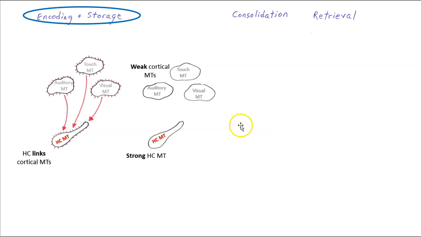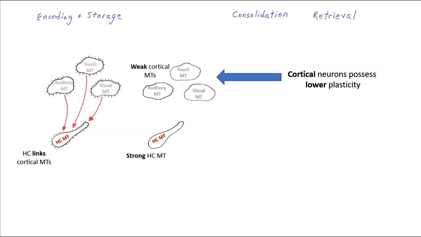Now, scientists think that as a result of this learning episode, we're left with relatively weak cortical memory traces and a strong hippocampal memory trace. Now, why the difference? One way to understand this is in terms of plasticity. So the cortical memory traces are thought to be weak because cortical neurons possess lower plasticity. Remember, plasticity is the ability to grow stronger connections with activations.